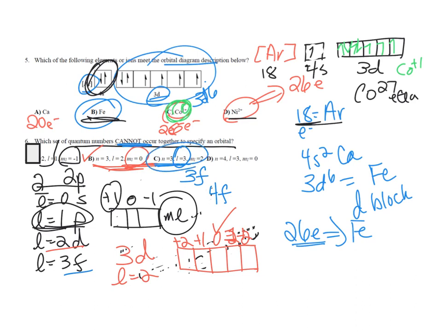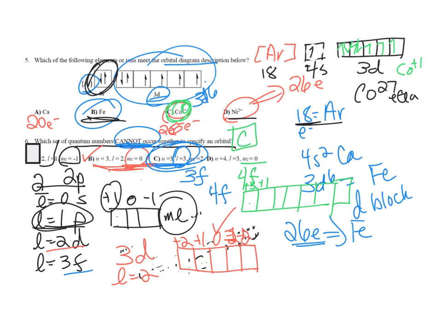So the answer is C. But just to go through the next one, like I said, the answer here is C. You can have a 4F, and with 4F you have 7 orbitals. 1, 2, 3, 4, 5, 6, 7 orbitals. And this would be plus 3, plus 2, plus 1, 0, minus 1, minus 2, minus 3. So that is allowed.